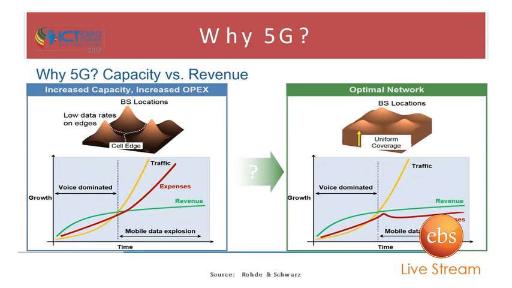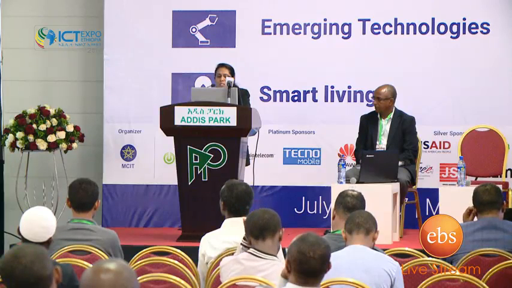As you can see, this red color graph is showing the expenses. If your expenses go up, can you take this money from the end user? They don't want to pay any more money for the cellular system; rather, they would just use Wi-Fi. So we need to plan for this, because the revenue comes down if we are employing more and more base stations.